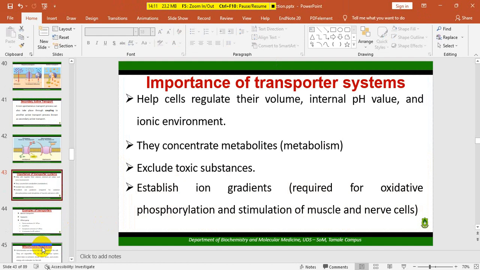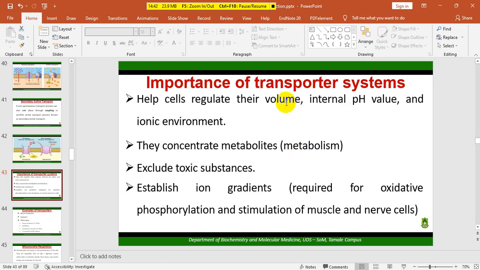Importance of transporter systems. They help cells regulate their volume, internal pH value, and ionic environment. They also concentrate metabolites, exclude toxic substances, establish ion gradients required for oxidative phosphorylation, and stimulation of muscle and nerve cells. The meaning of this is that the cell will permit some molecules or ions to pass through and some not to pass through. And this will help the cell to keep what?